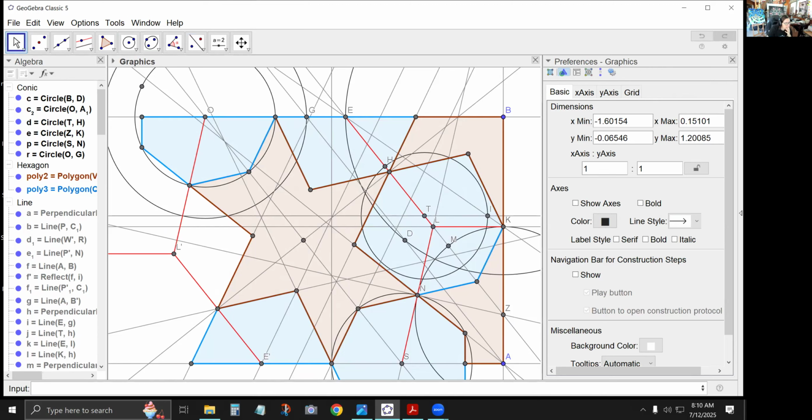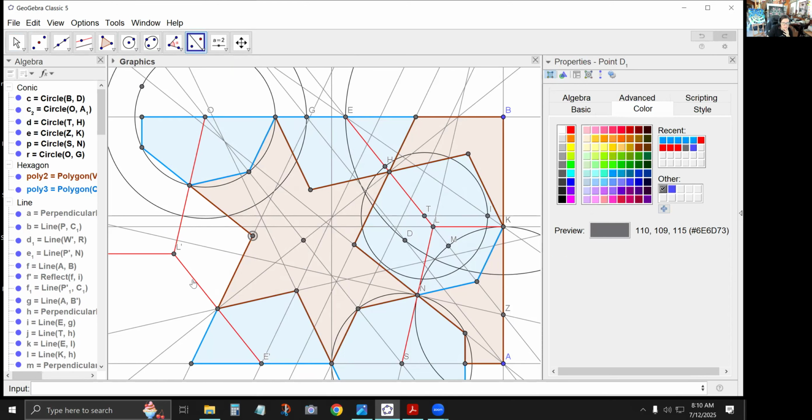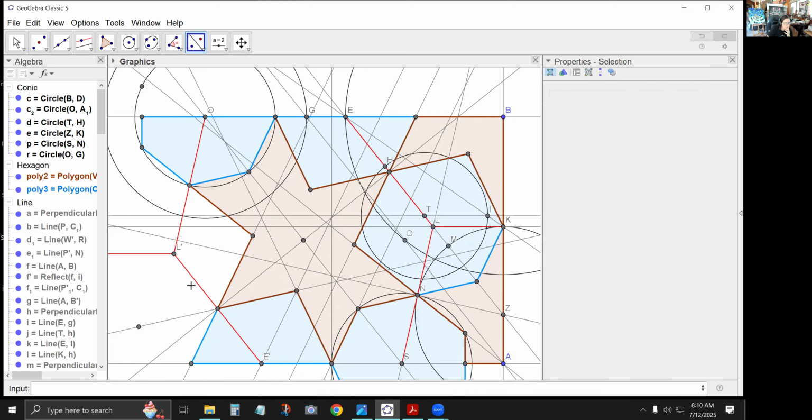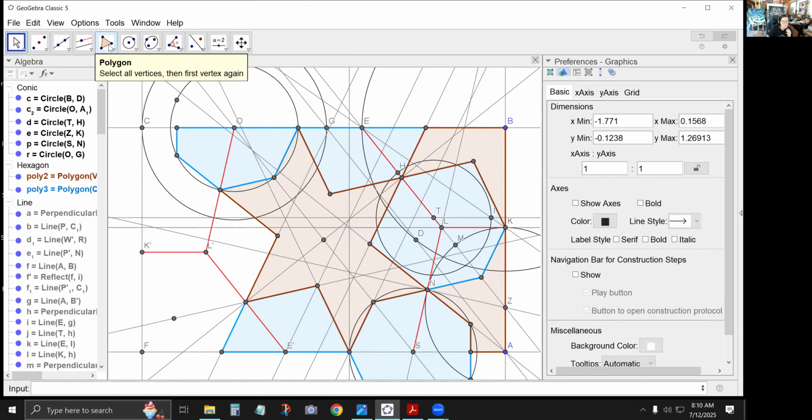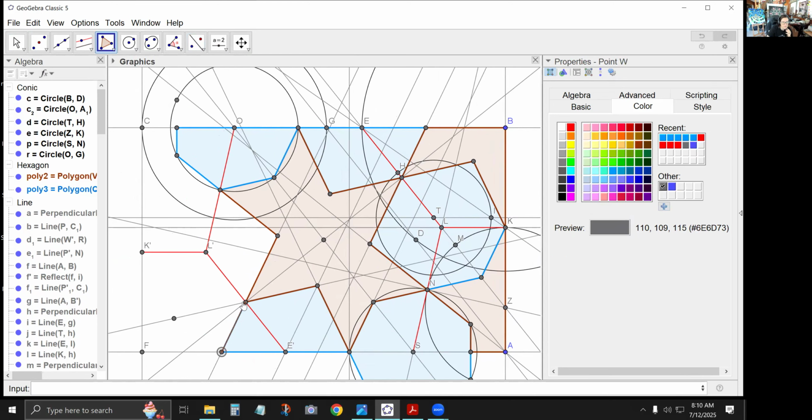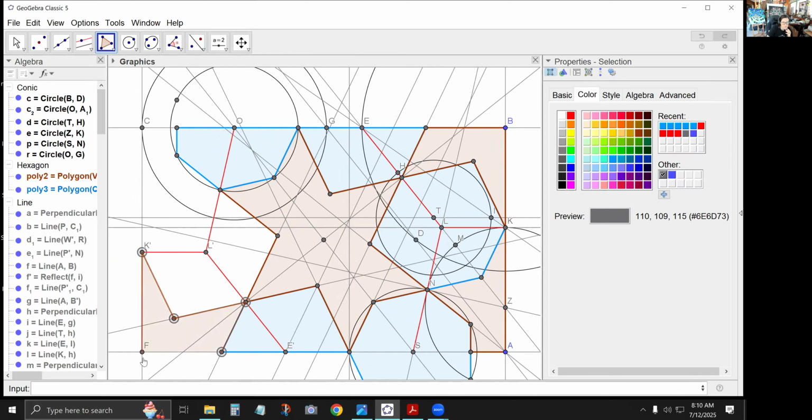And then I need to complete these polygons. So I'm going to reflect this point over here. So that allows me to put in this polygon. I'm just missing this point for this polygon.